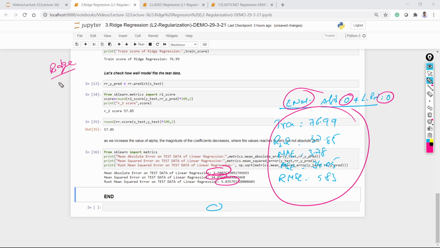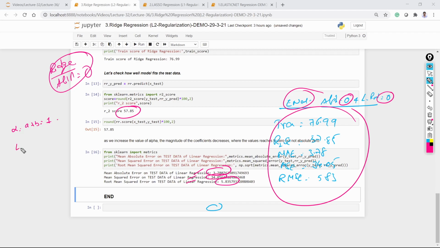So ridge regression with the parameter alpha is equal to 0. When you apply the ridge regression model at alpha value 0, you get the same values, 57.85 R2 score and the same mean absolute error, mean square error, root mean square error, as in elastic net. Which means that alpha is equal to a plus b is equal to 1.